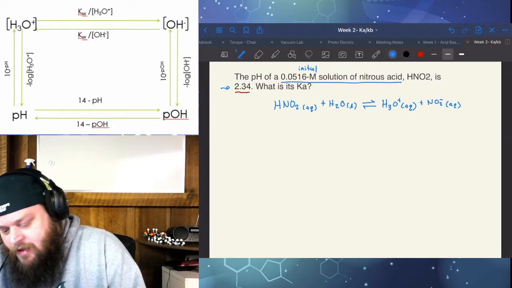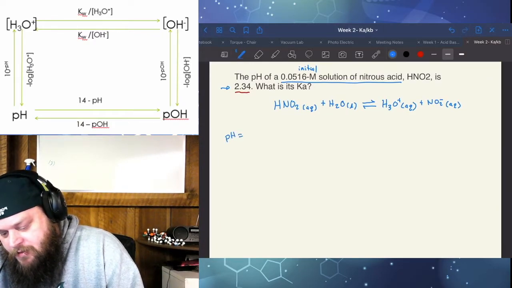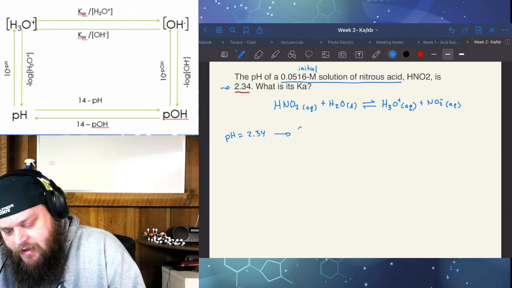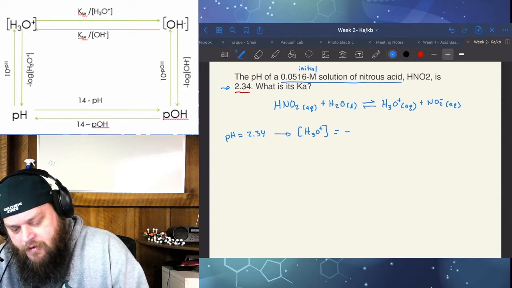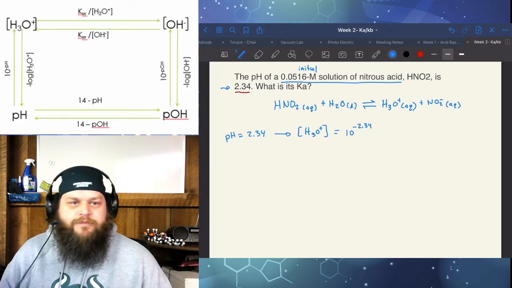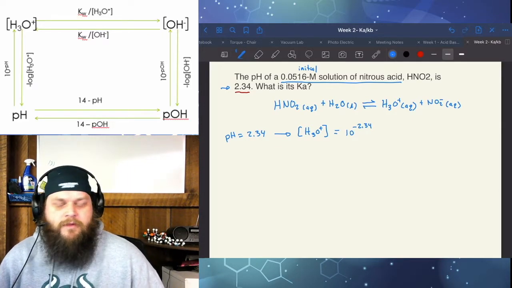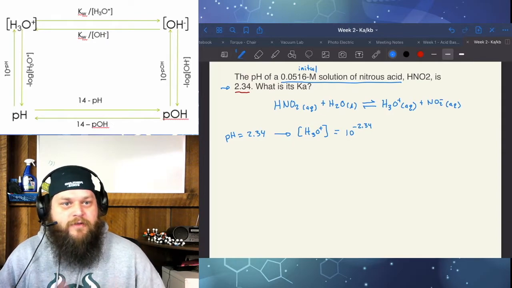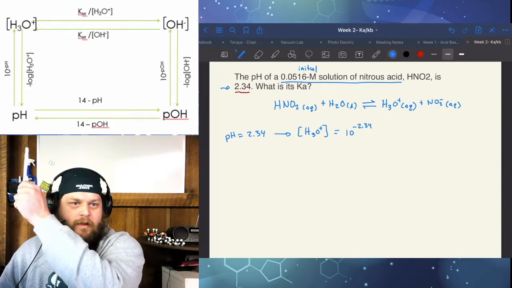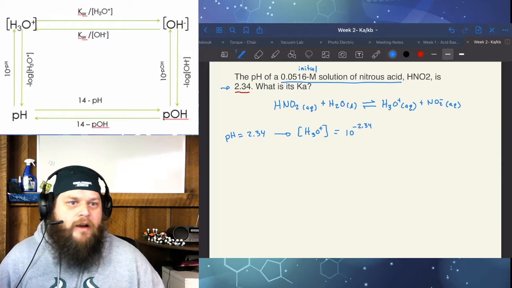Because if you wanted to, if we know the pH is equal to 2.34, this is what I was getting at, we can say that the concentration of H3O plus is going to equal 10 to the power of negative 2.34. That's just converting pH into that concentration of hydronium, kind of going up the left side of my box above me here.